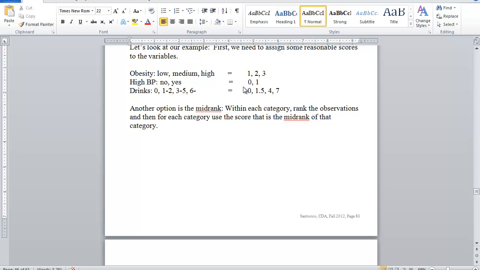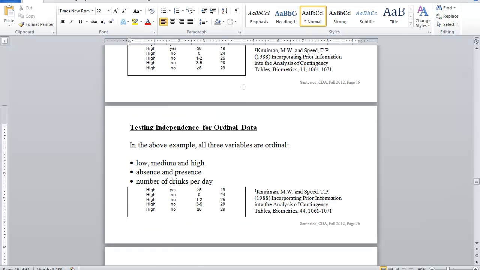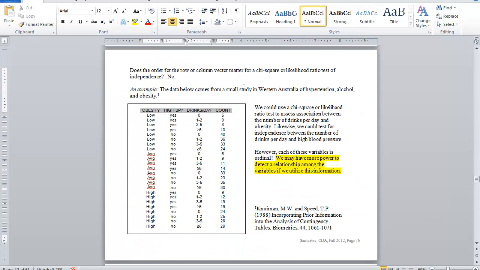Again, we'll look at what that would actually be for our particular example. So let's look at the obesity category. I've got all of these that were low.